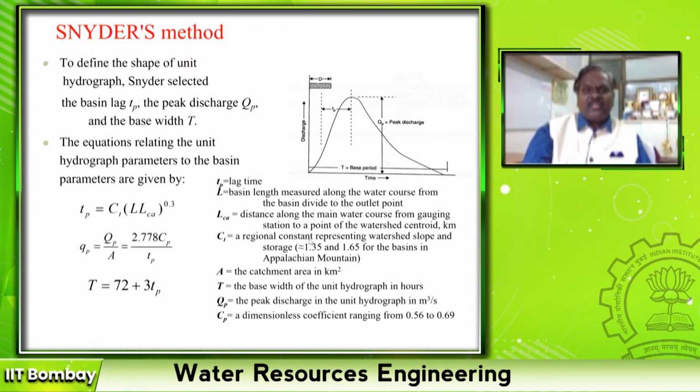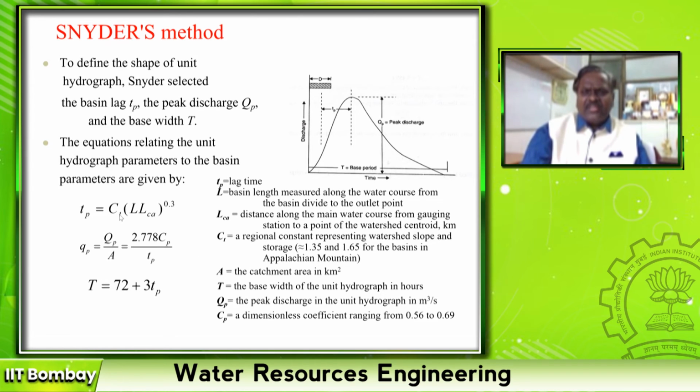Now how to estimate all these things? First, you go to the gauged basin, right? In the gauged basin, he derived an empirical relationship between the time to peak and length of the basin as well as length of the water course. If L is the length of the basin and LCA is the distance along the main water course to the point nearest the centroid, then time to peak is a constant CT, a regional constant, multiplied with L and LCA to the power of 0.3.